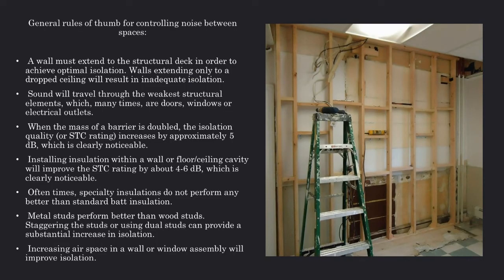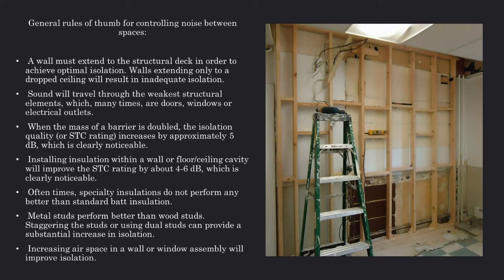General rules of thumb for controlling noise between spaces. Number 1. A wall must extend to the structural deck in order to achieve optimal isolation. Walls extending only to a drop ceiling will result in inadequate isolation. Number 2.